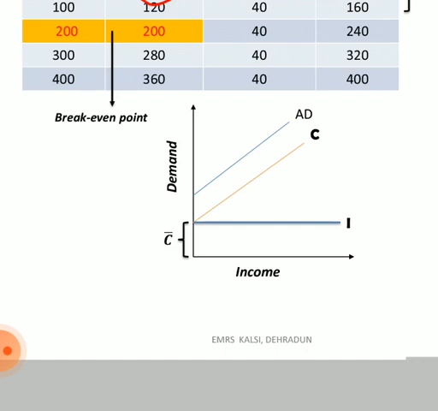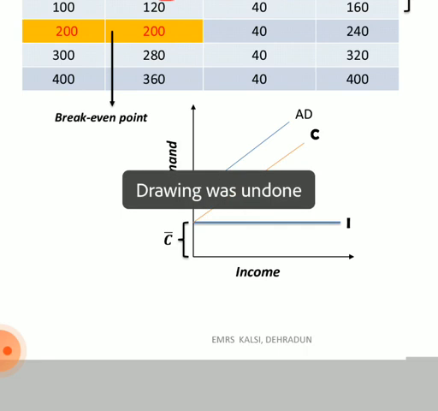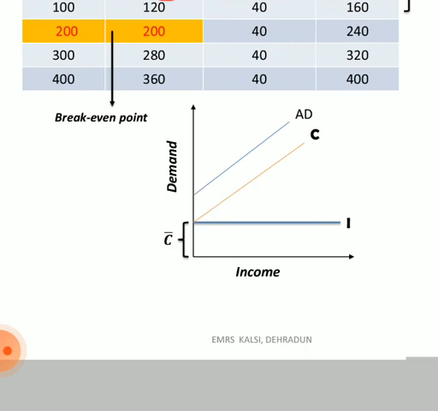So that consumption will be called autonomous consumption. Okay, so there is one thing here, the consumption at zero level of income is called autonomous consumption. Why? Because that consumption is done for survival.